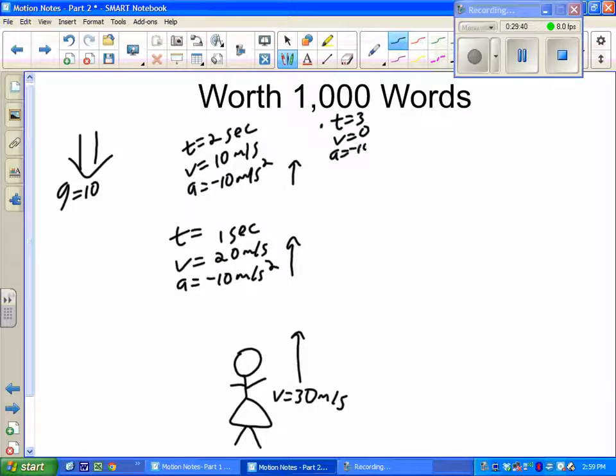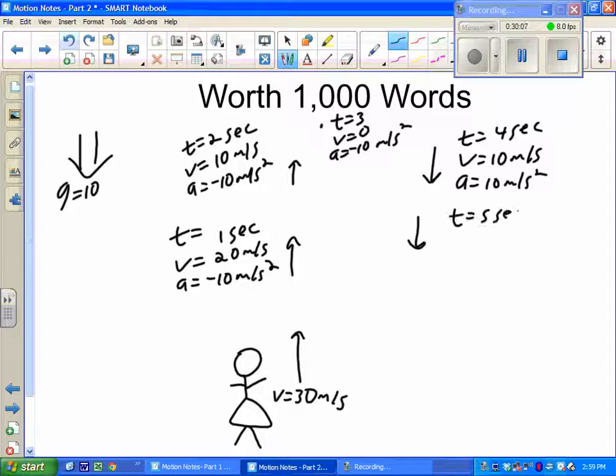Our A is still negative 10 because it slowed down. On the way down, T equals 4 seconds. So it started at 0 at the top, now it's going down. Acceleration would be 10.